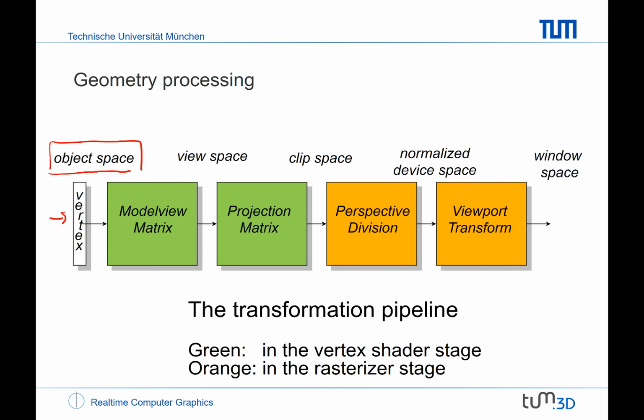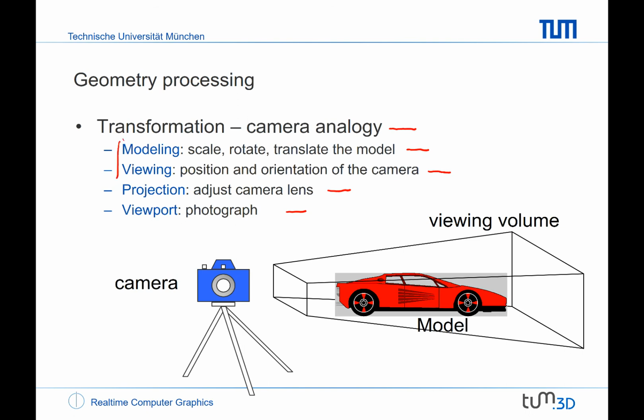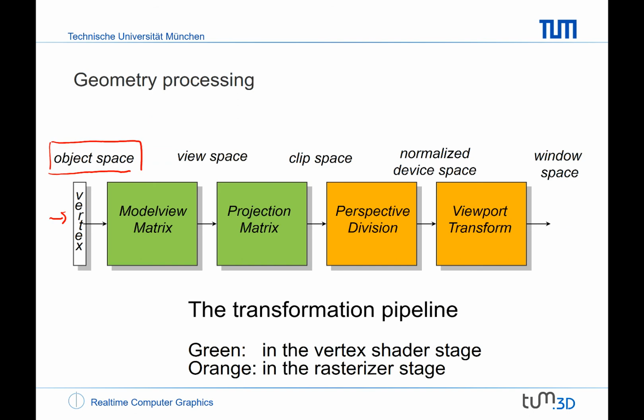Then comes the first transformation, which is called the model view transformation. The model view transformation essentially combines the modeling transformation and the viewing transformation. That's the reason why this transformation is called the model view transformation, realized via the model view matrix. We say that this model view transformation transforms the vertices from object space to what we now call the view space. Now, once the vertices are in view space, we apply the projection transformation via the projection matrix.